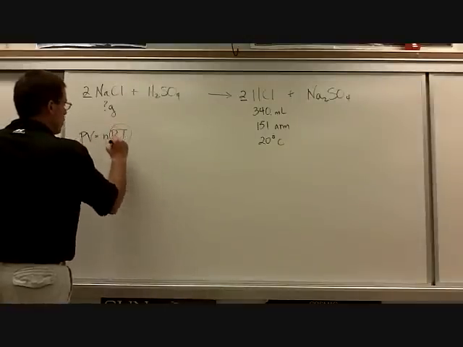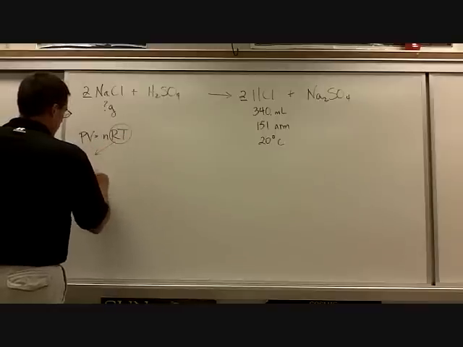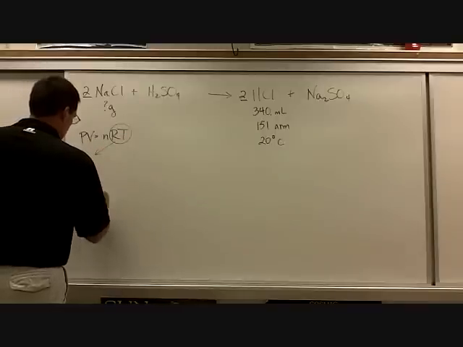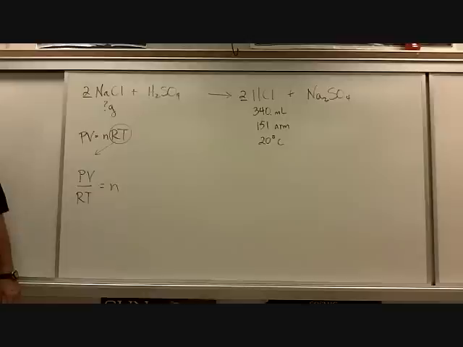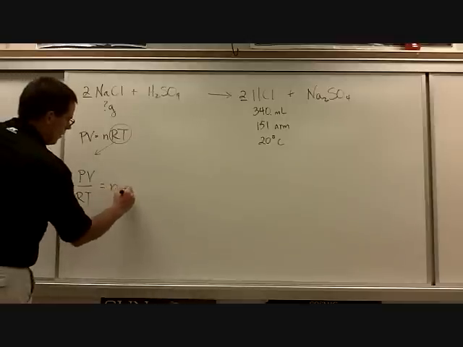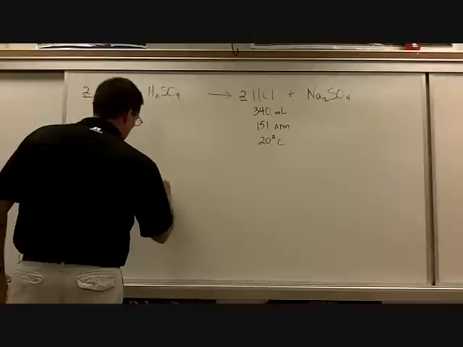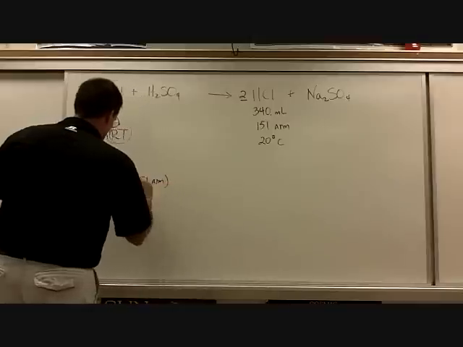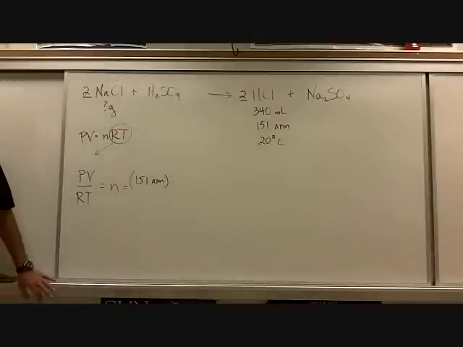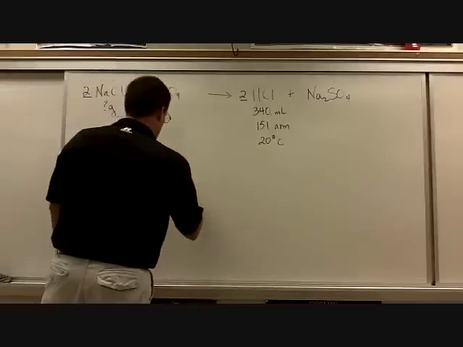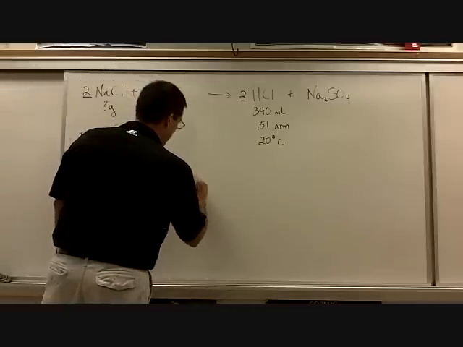So to do that, we need to move RT over. So we have PV over RT is equal to n. Okay, so my pressure is good, 151 atmospheres. My volume, what do I need to do to that? Convert it to liters, so 340 milliliters is 0.34 liters.